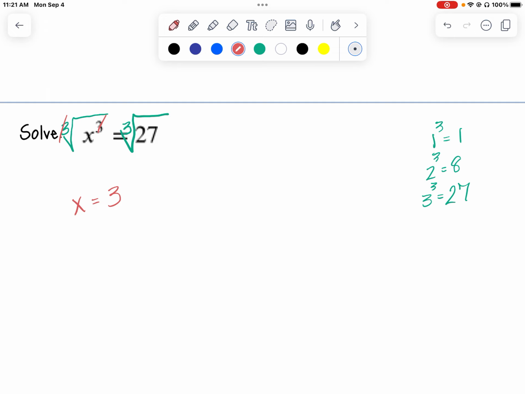Sign matters with cubed roots. If your answer is positive, your cubed root is positive. If your answer is negative, your cubed root is negative because it's an odd number. So the only root that works for 27 is a positive 3.